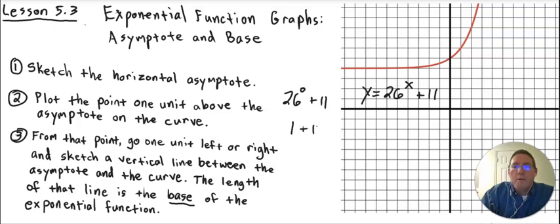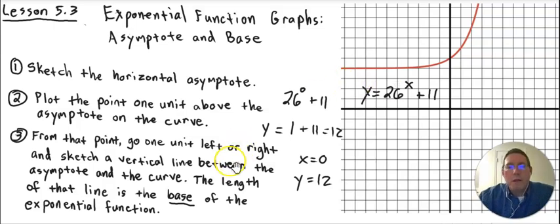And so this would be 1 plus 11, which is equal to 12. And so y would equal 12. So if x is equal to 0, then y would be equal to 12. And we'll get into this more in 10th grade math, and probably also in 11th grade math.